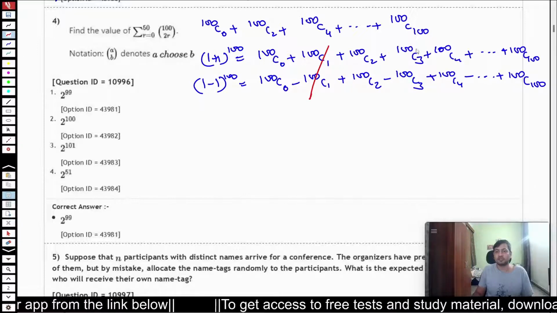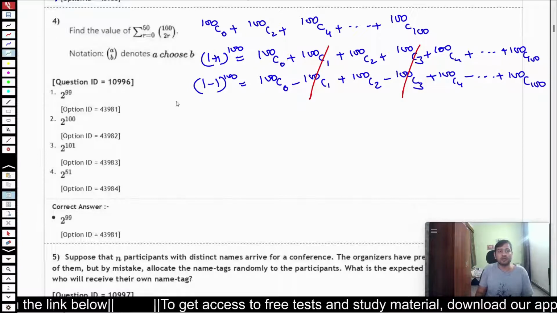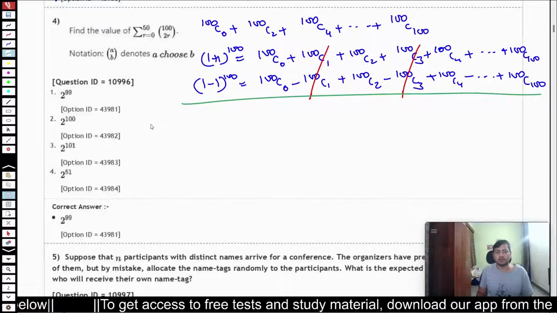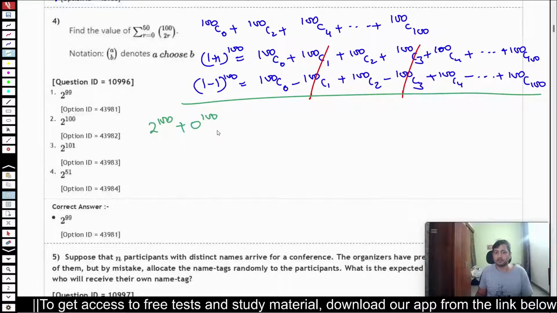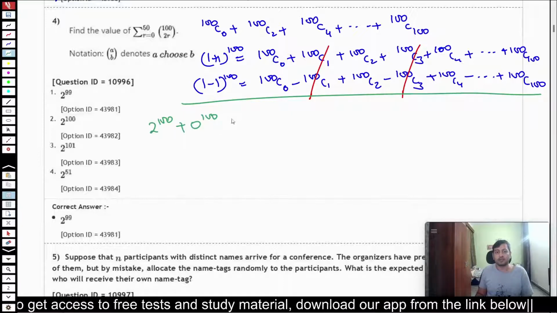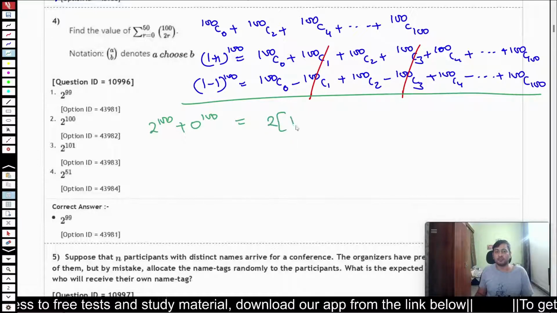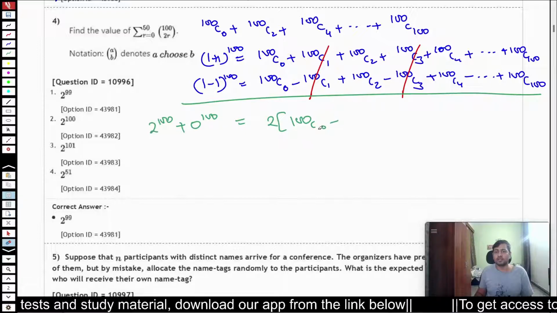As you can see, terms cancel out. These two terms cancel out, these two terms cancel out, and so on. So all the odd terms will cancel out. The summation of these two things is 2 to power 100 plus 0 to power 100. This is equal to twice into 100C0 plus 100C2 plus and so on till 100C100, so only the even terms will remain.